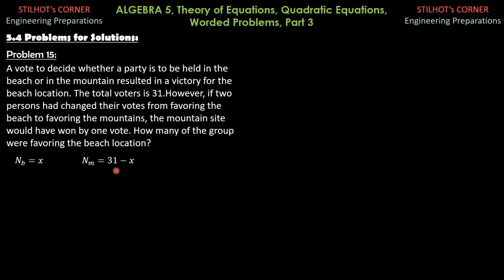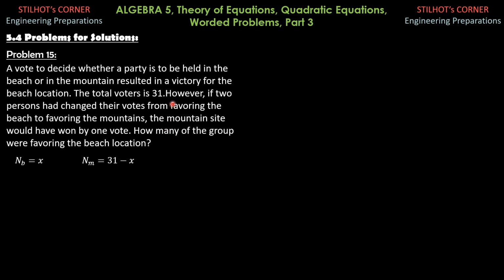And these numbers are not equal because the total voters is 31 and this is odd. Now, it is mentioned here that the voting resulted in a victory for the beach location. So therefore, these two numbers are not equal. x is greater than 31 minus x.